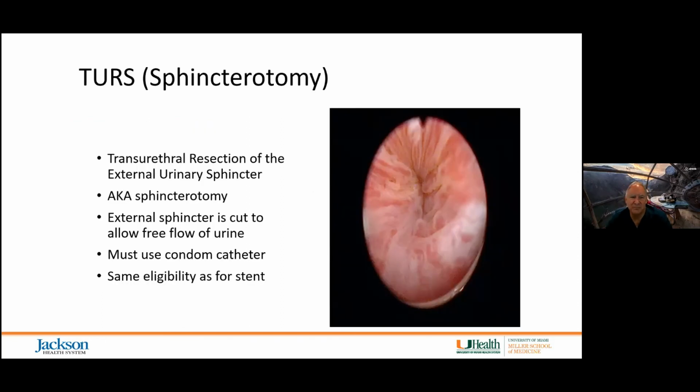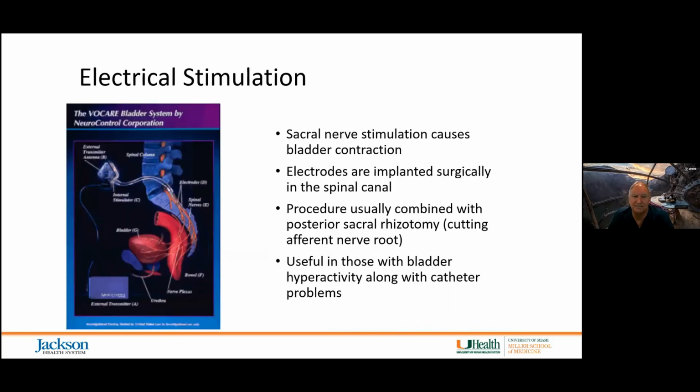The sphincterotomy is used in lieu of the stent itself. The problem with the sphincterotomy is often it rescars, and so you end up having to replace it down the line. Electrical stimulation, we'll talk about functional electrical stimulation to stimulate bladder contraction, bladder emptying.